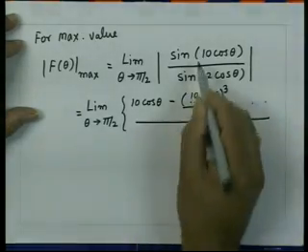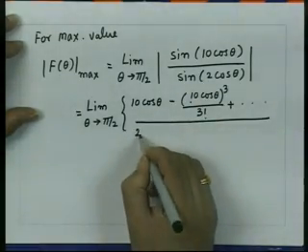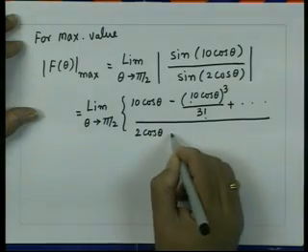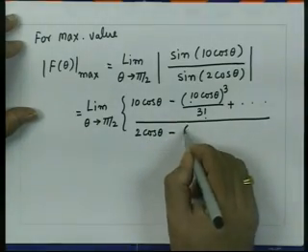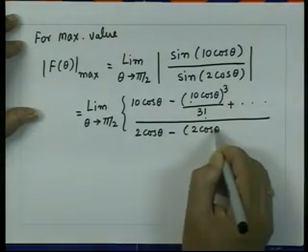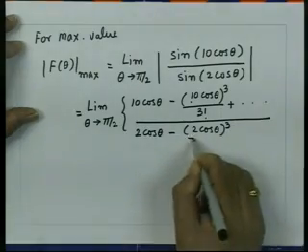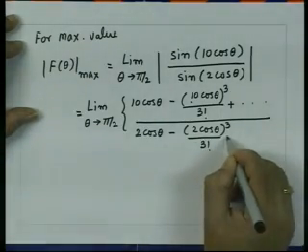This is the expansion of the sine function. So, here you get 2 cos theta minus (2 cos theta) whole cube upon factorial 3 plus and so on.